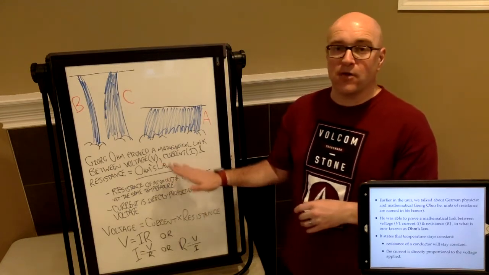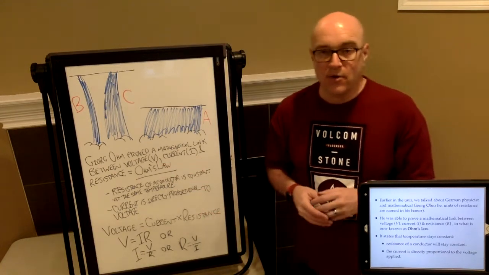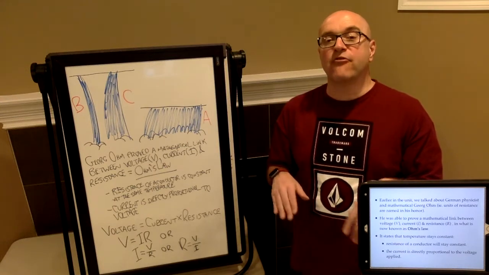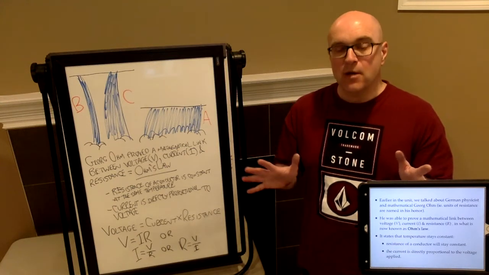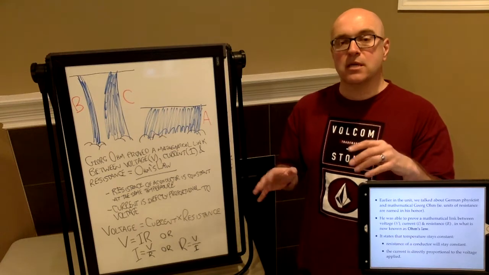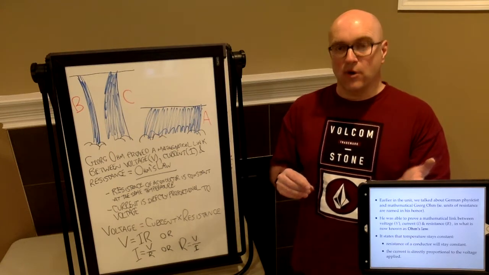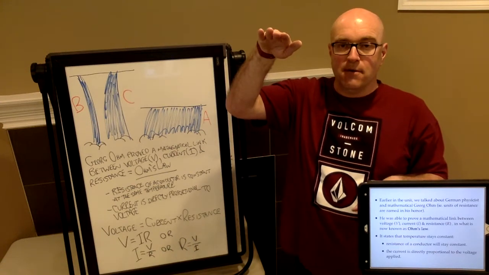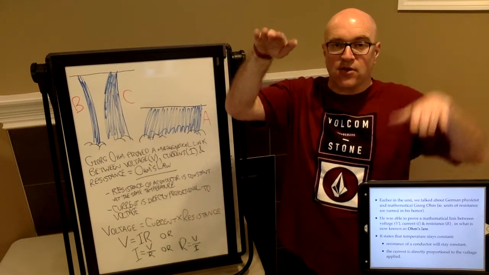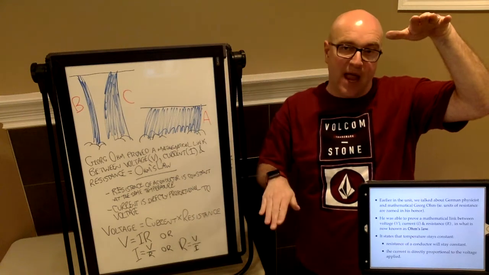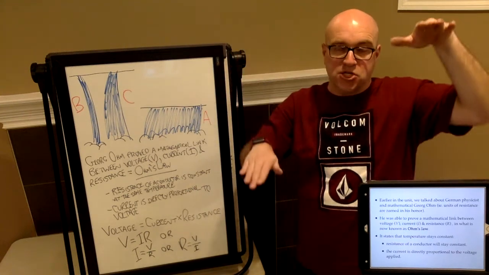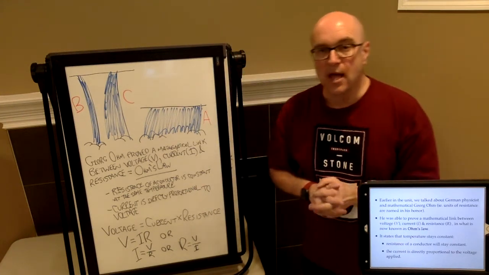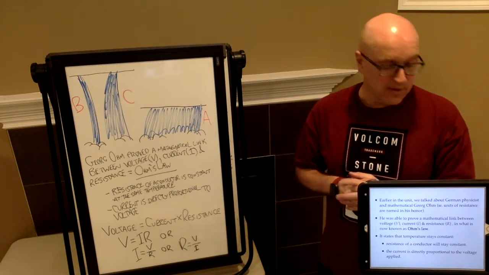So that's also part of this law that isn't in the notes, but there is an inverse proportional relationship between current and resistance. Whereas voltage and current go up together. If my current goes up, my resistance goes down, and if my resistance goes up, my current goes down. So there's an inverse relationship between current and resistance.